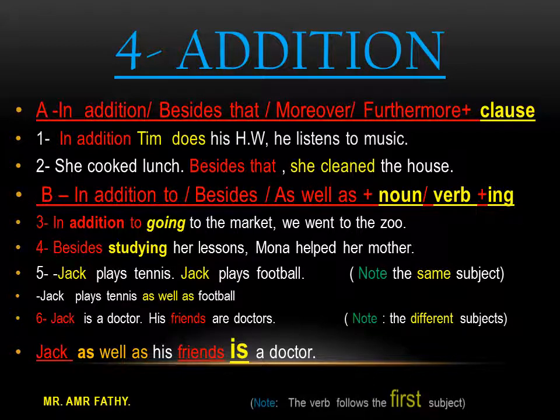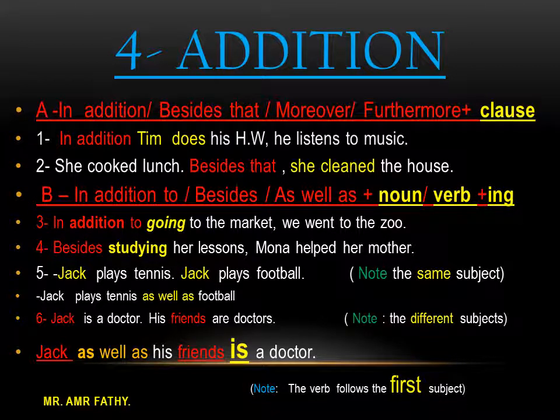This sentence is very important, be careful. Most of the students can make mistakes when they answer this sentence. Why? Because most of the students will answer: Jack as well as his friends are doctors. Here the sentence is wrong. If you say here are doctors, the sentence will be wrong.